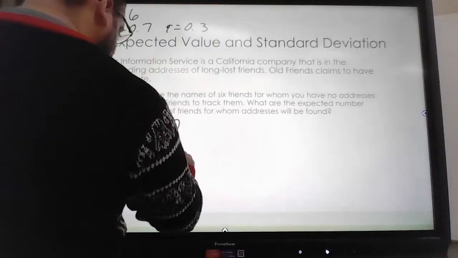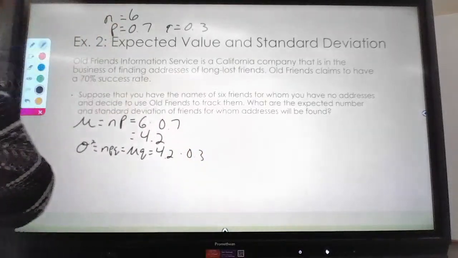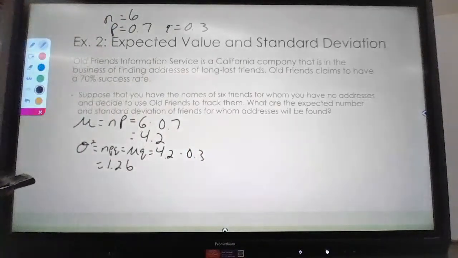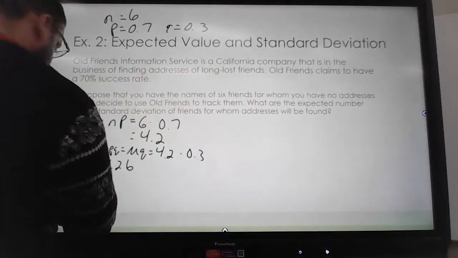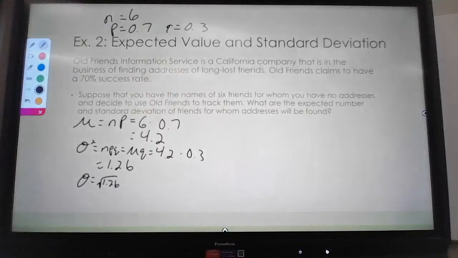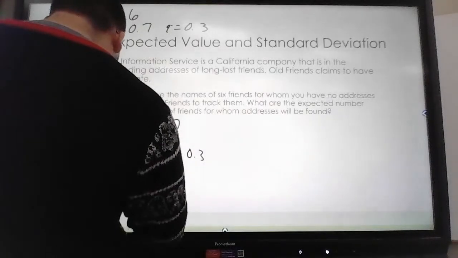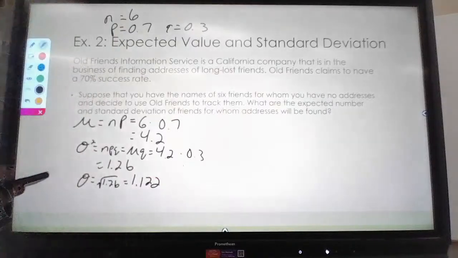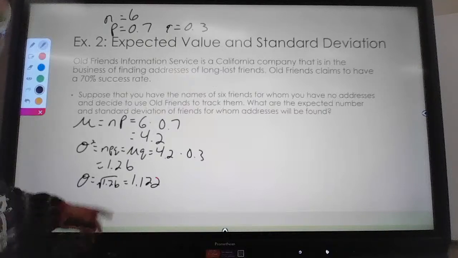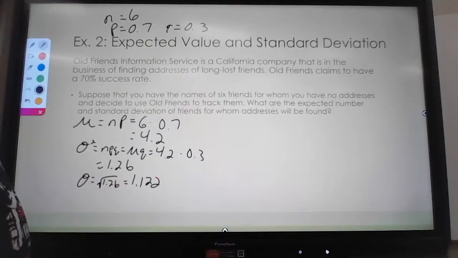So that's 4.2 times 0.3, which is 1.26. And then our standard deviation is just going to be the square root of that number, 1.122. So we have an average of 4.2, a variance of 1.26, and a standard deviation of 1.122.